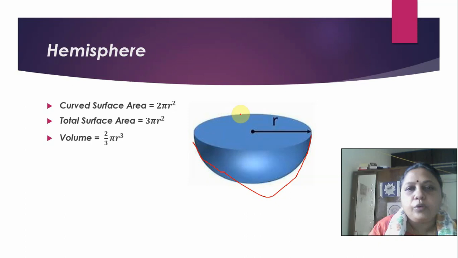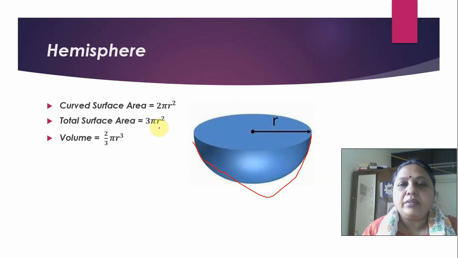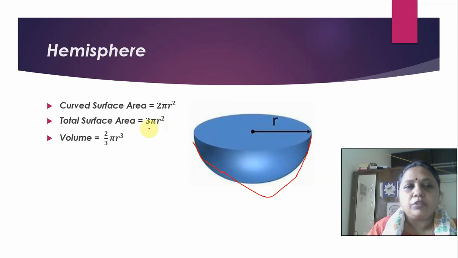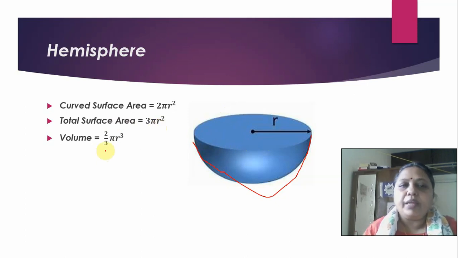So you have 2 pi r squared plus pi r squared, which is 3 pi r squared. That is the total surface area of a hemisphere. The volume of the hemisphere is given by the formula 2 by 3 pi r cubed.